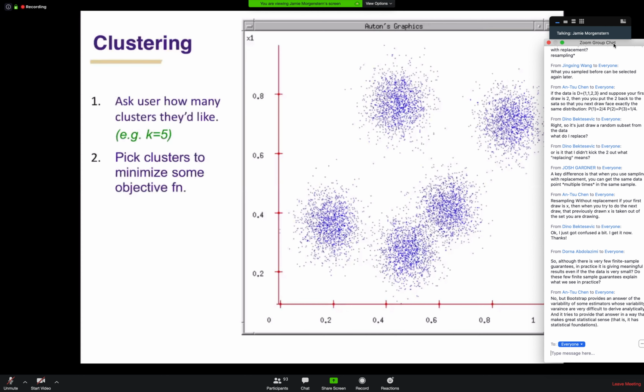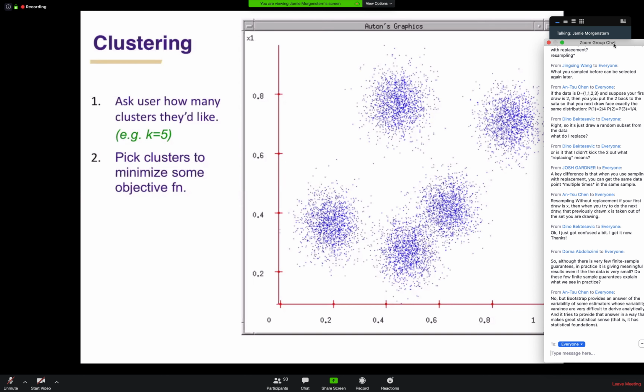Clustering simply says, we have a large collection of data, and the user is looking for some segmentation of your data set into pieces in which the individual data points that belong to those pieces are more similar.